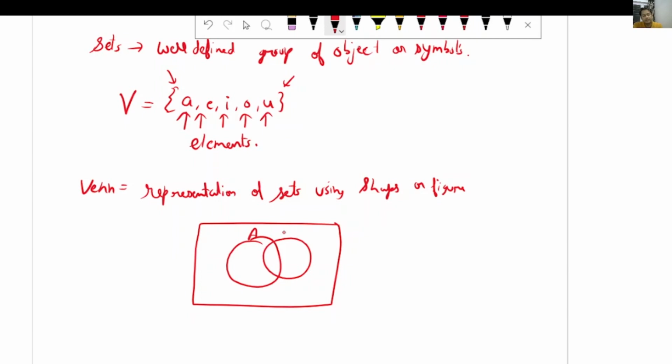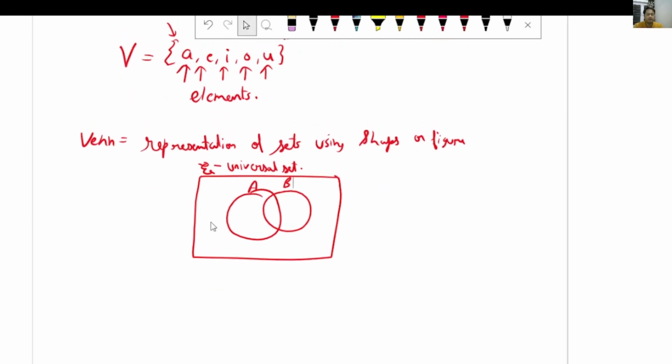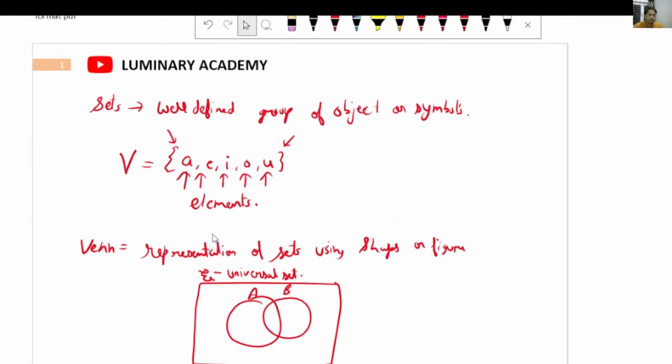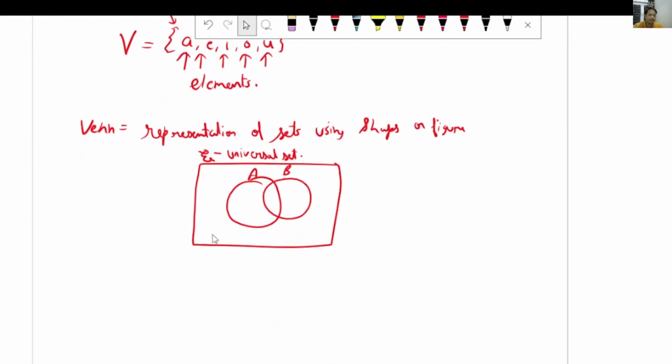So this is set A, this is set B, and this whole rectangle is called the universal set, which is defined by this symbol. So this is a sign of the universal set, right? These are the first two important terms, set notation and Venn diagram.